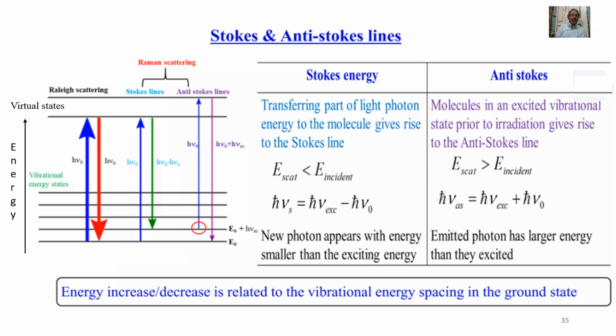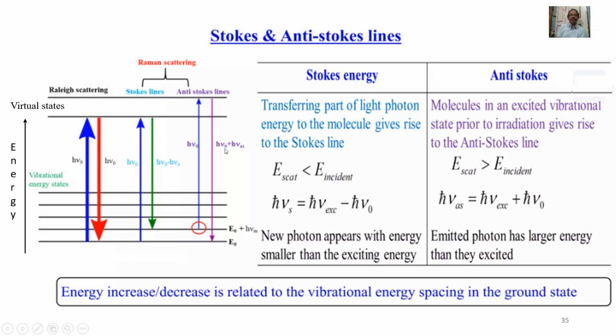And already the molecule has some energy due to vibration or rotation, and it will be in any one of the vibration energy levels, and it goes to one of the virtual states and comes to the ground state, and this is known as anti-Stokes line. Together, Stokes line and anti-Stokes line, we call this Raman scattering.